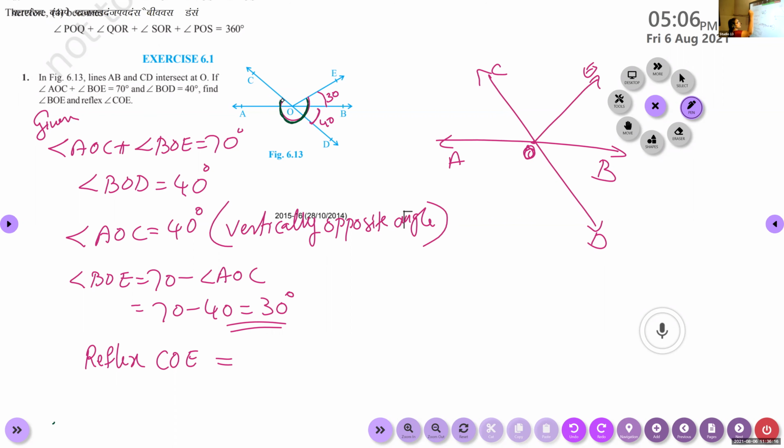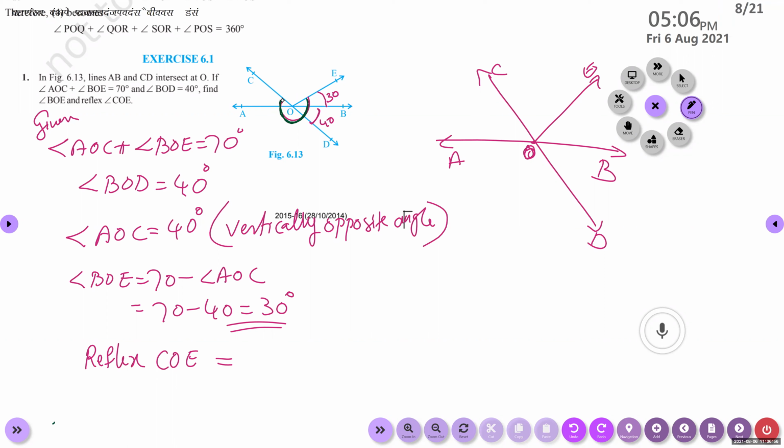So reflex COE, this green color. How much is it? Think. COE, that green color angle. EOB 30, BOD 40.